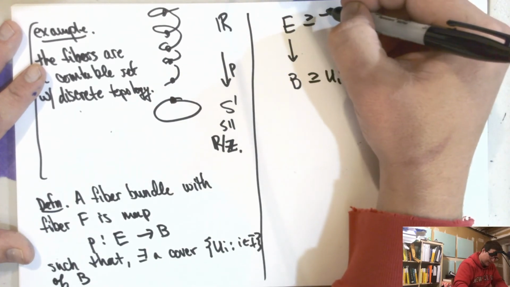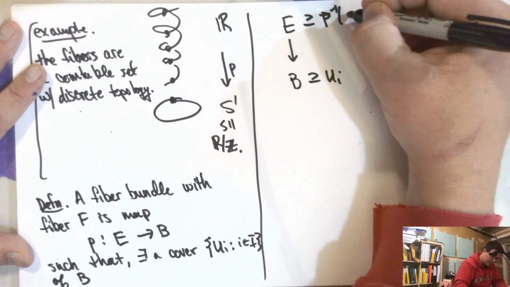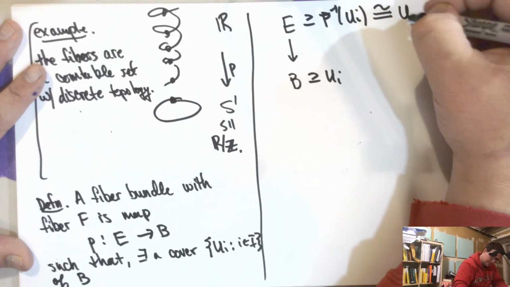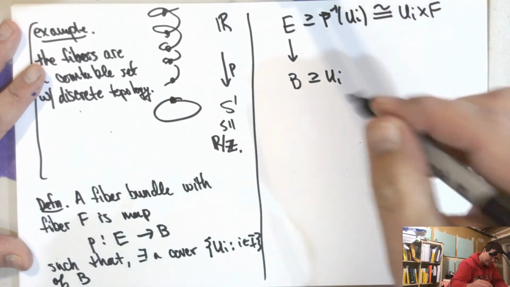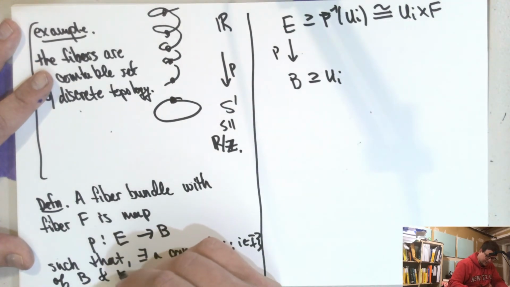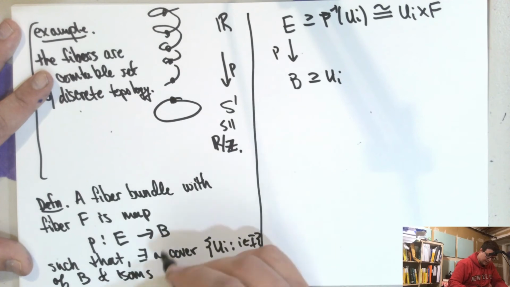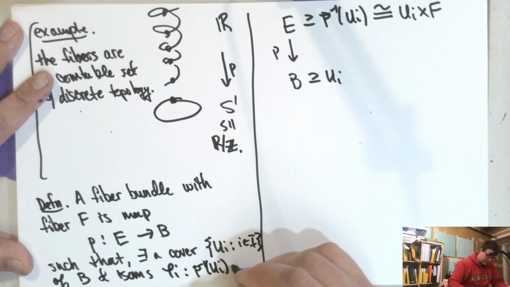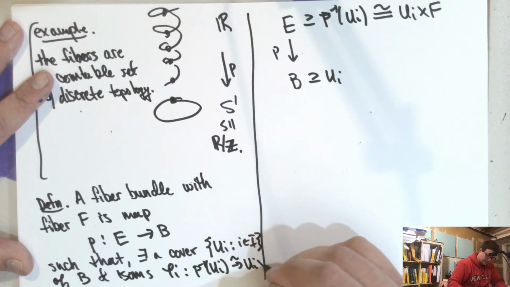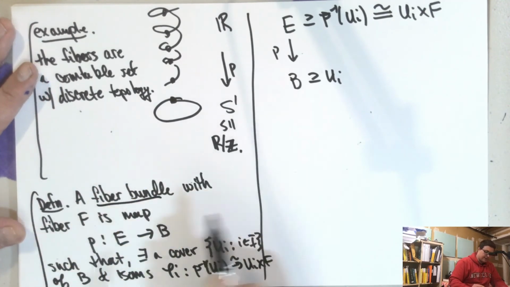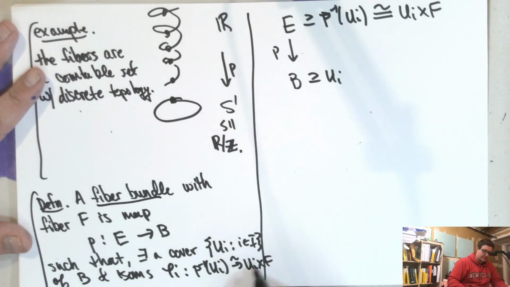We have P inverse of U_i, and isomorphisms to U_i cross F. Let's call this phi from P inverse of U_i to U_i cross F. These are homeomorphisms in the category of topological spaces, isomorphisms like this.